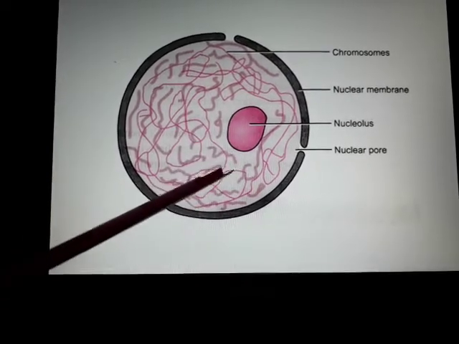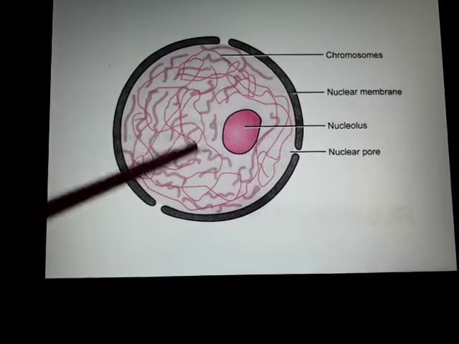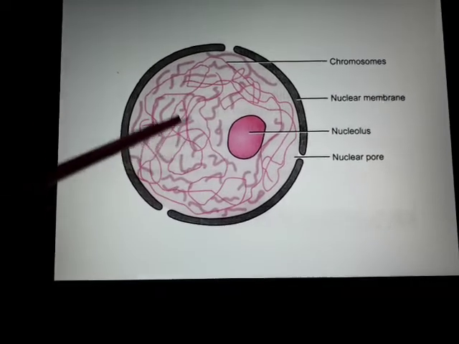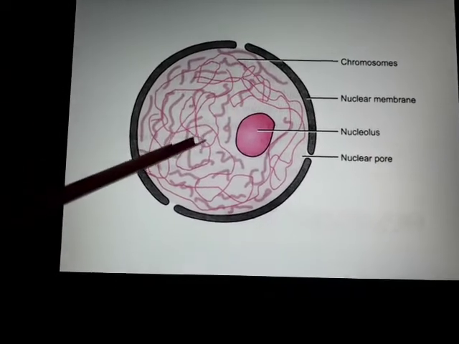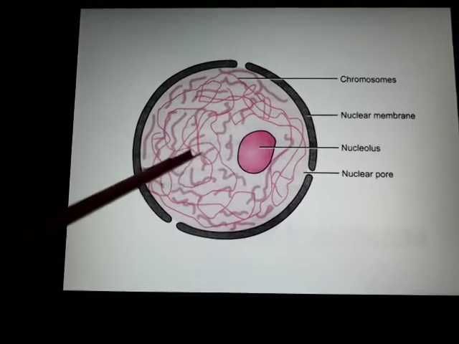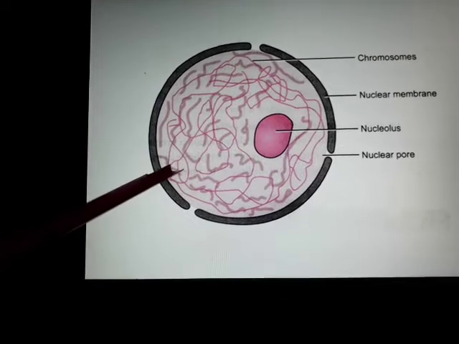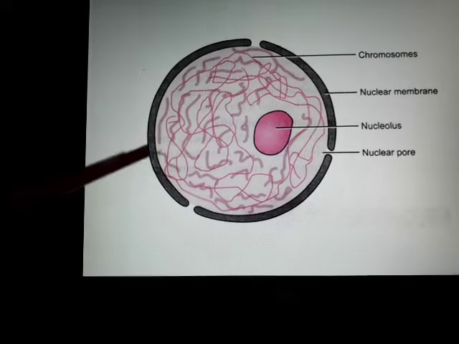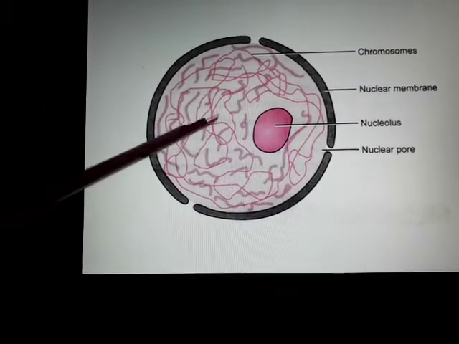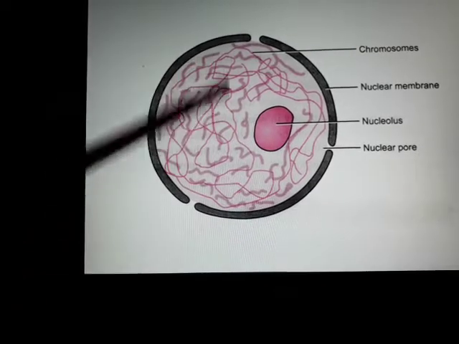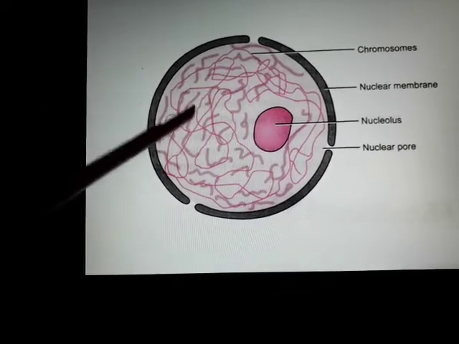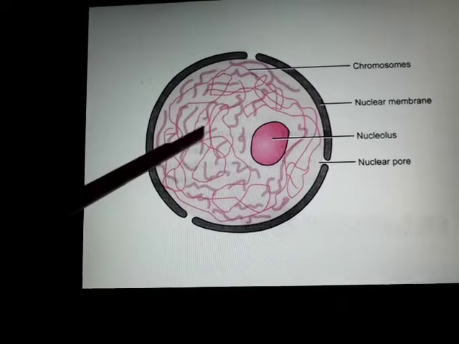This nucleoplasm contains various types of substances which carry out various metabolic activities of the nucleus. Because the nucleus controls all parts of the cell, it acts as the brain of the cell. So the various substances which are required are present inside this nucleoplasm. It is a jelly-like fluid.